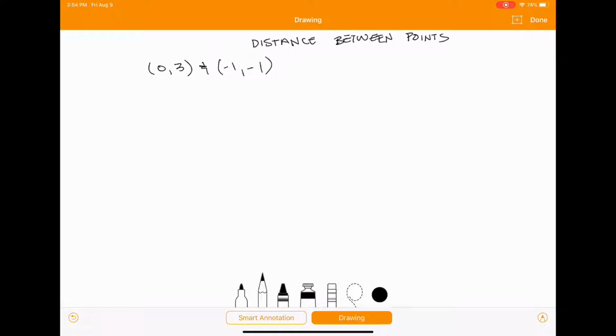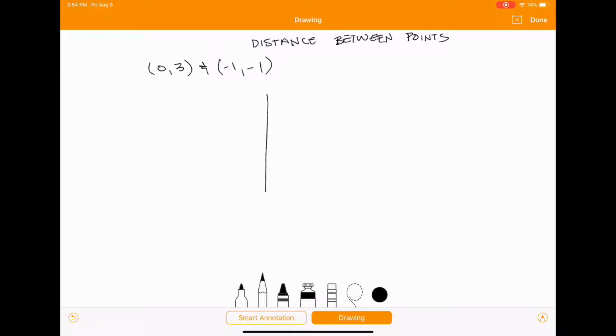Sure, we'll go with that. And you're asked to find the distance between these points. You might be staring at this going, how in the world am I going to be able to find the distance between those 2 points? Well, let's just go ahead and plot it and see what happens.